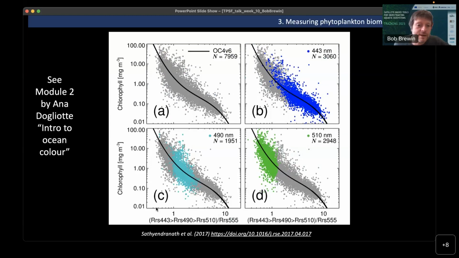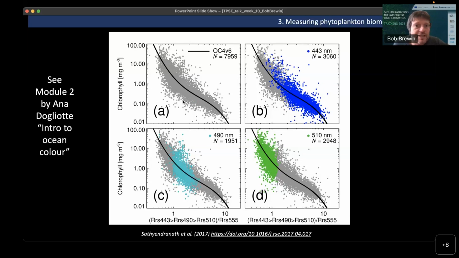So basically what's plotted on the x-axis here is a ratio of blue to green light, but it's switching between the blue wavelengths 443 to 490 to 510, depending on which wavelength has the highest signal. And so what you can see in this image is that the chlorophyll concentration is quite well correlated with the ratio of blue to green light.